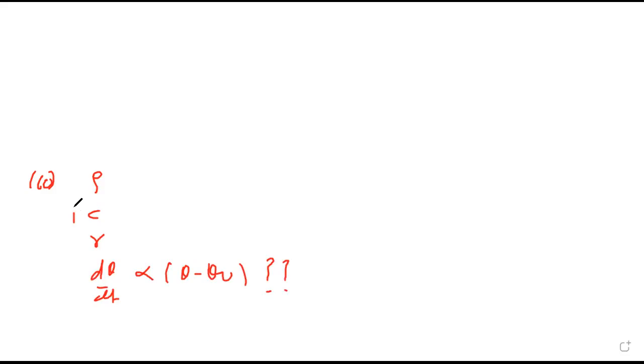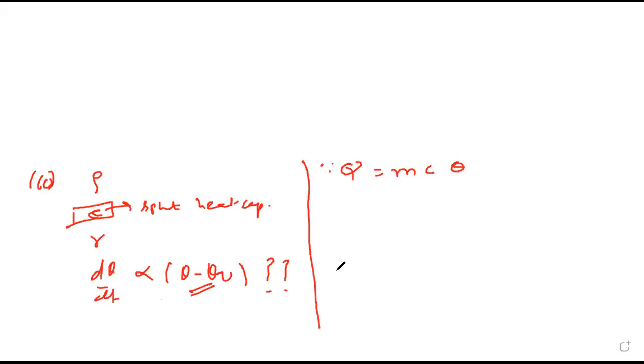Whenever specific heat capacity C is given and a temperature difference is given, in which formula do we get specific heat capacity? The total heat formula is mass into specific heat into temperature, correct? Yes, sir.